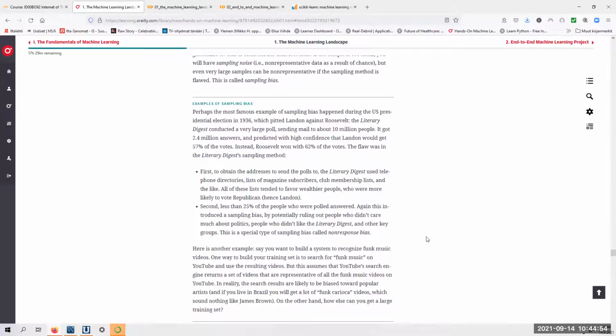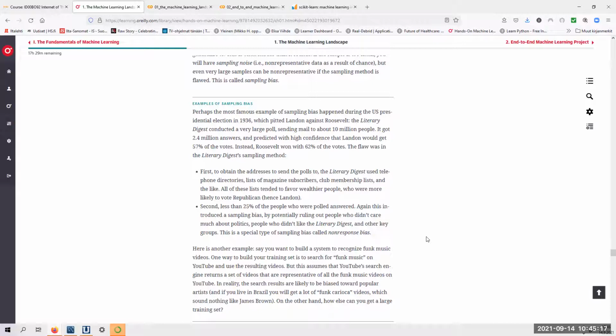Now, this book was written before, at least, I don't remember which year, but maybe before Donald Trump's presidency, because there was a sampling bias in these pre-election polls.